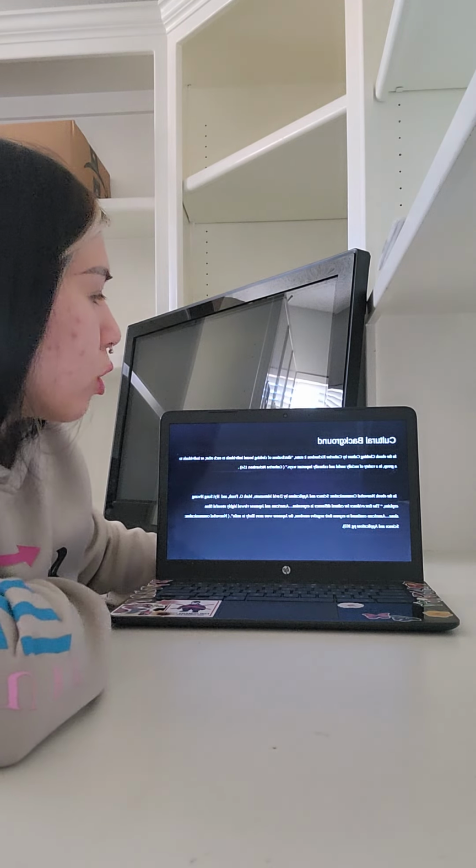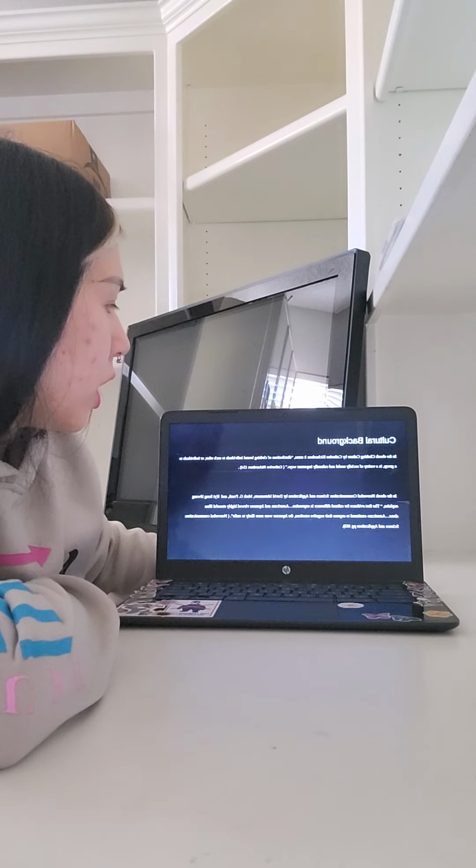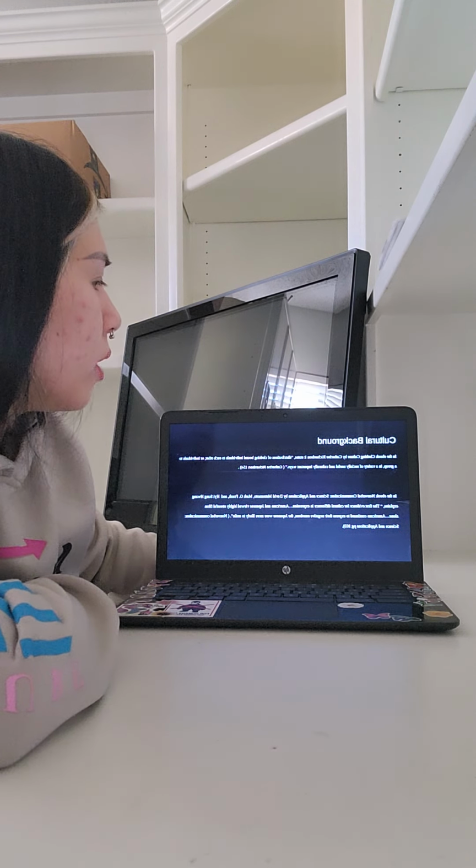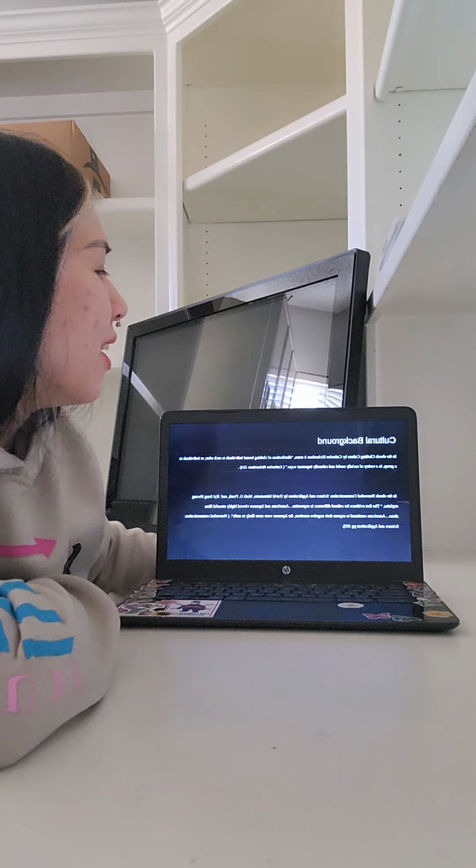So in the ebook Clothing Culture by Catherine Richardson, it states, distribution of clothing bound individuals to each other or individuals to a group in a variety of socially useful and culturally important ways.